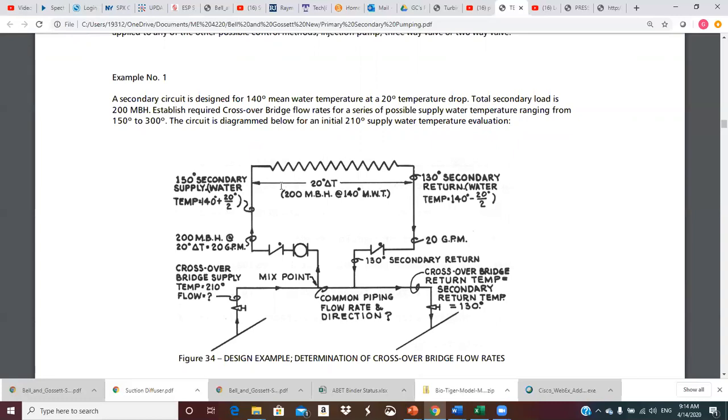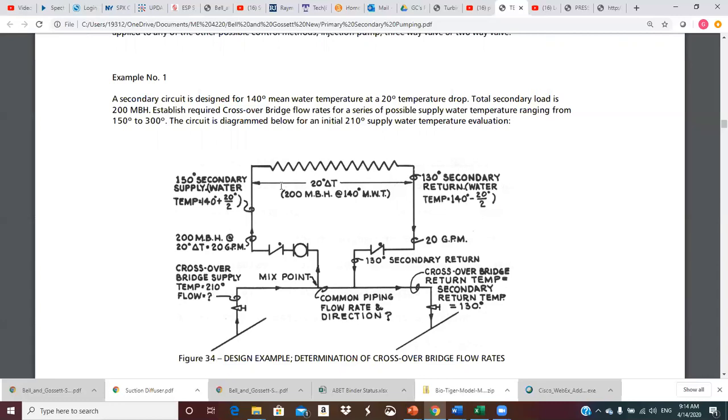Well, if it's a 20-degree drop and 140 is the average, then that means what? 150 is the supply, 130 is the return, and there's the 20-degree drop. So total secondary load is 200,000. MBH is 1,000 BTUs per hour, so that's 200,000 BTUs per hour.